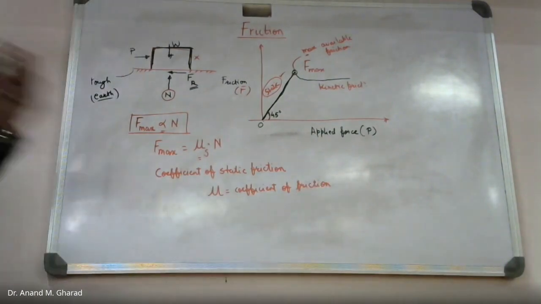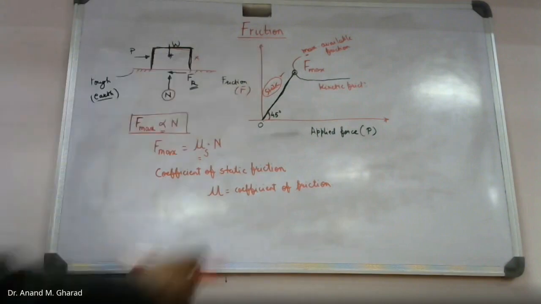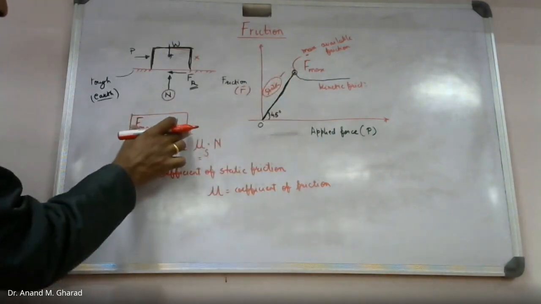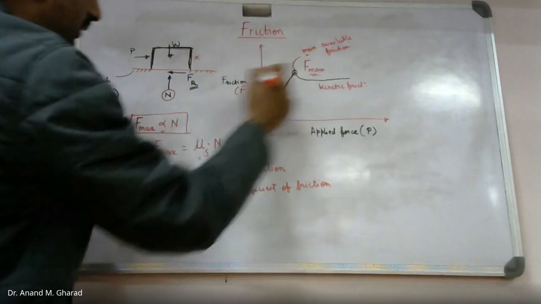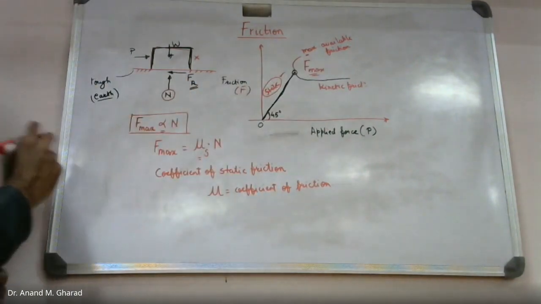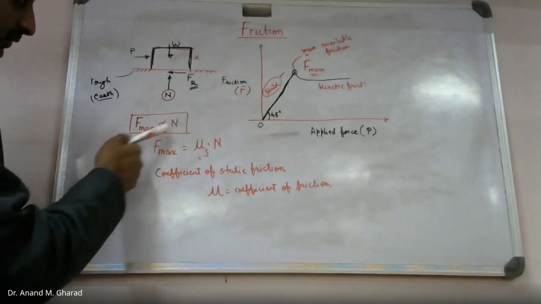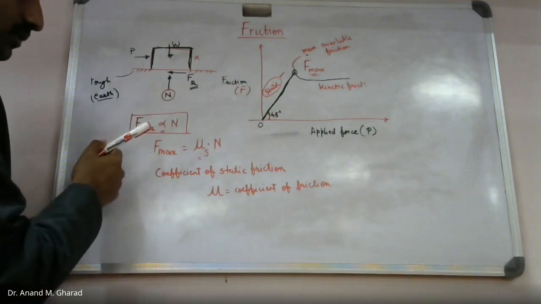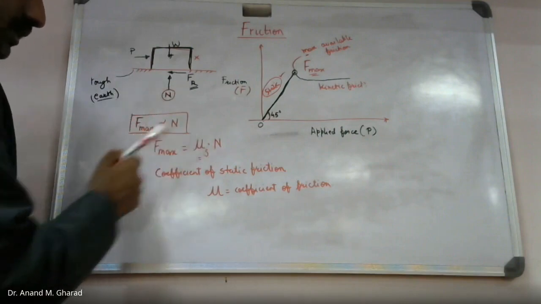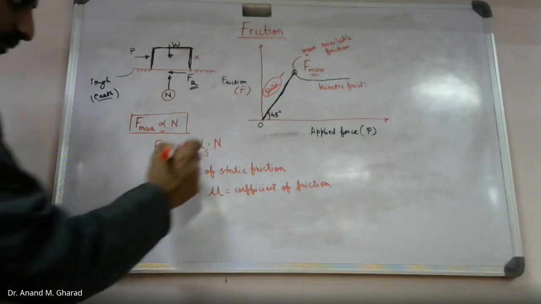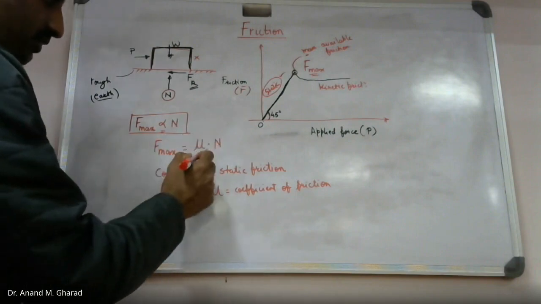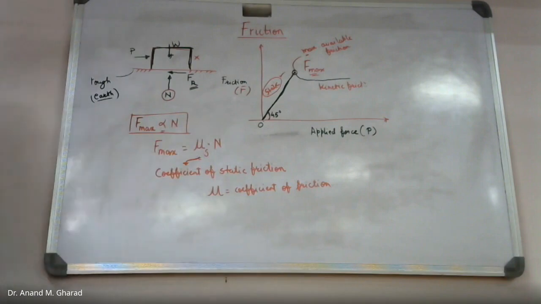Okay? So depending on this variation, you can observe there is a relationship between the F max value and the normal reaction value, and it is given in terms of a direct relationship. F max is equal to mu times N, right? Mu s is nothing but the coefficient of static friction.